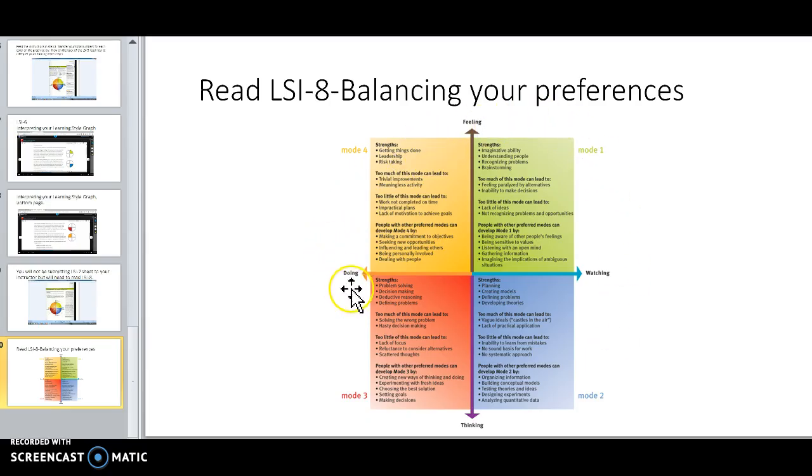Okay, also notice your lines going across. Am I a feeler? Am I a watcher? Am I a thinker? A doer? And look at your strengths. Look how much you do with this mode and what other people do with it.